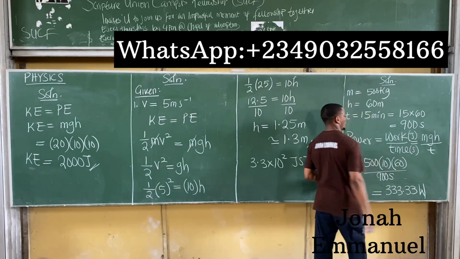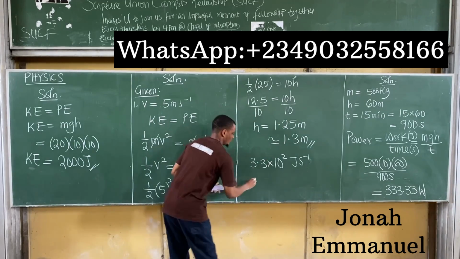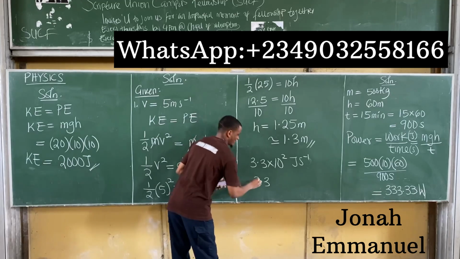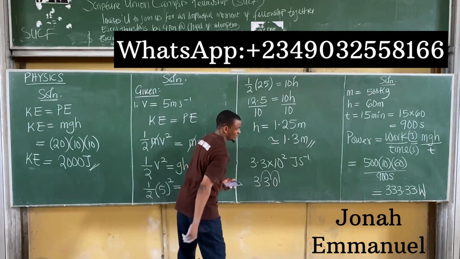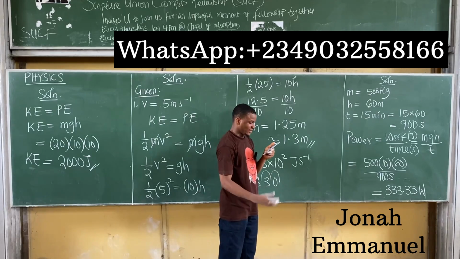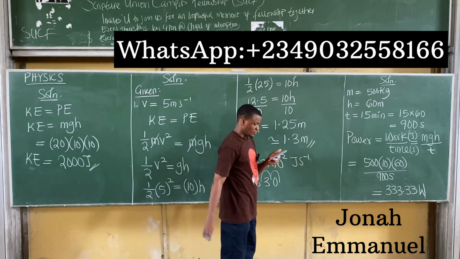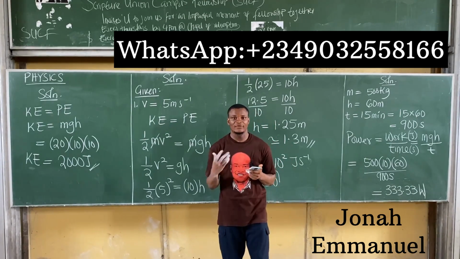That's how they got joules per second. It should be the same thing, because 3.3 times 10 to the power 2 means I'm moving the decimal 2 times, which is about 330. So they are the same thing. So my option is option D. All right, let's move on to the next one there.